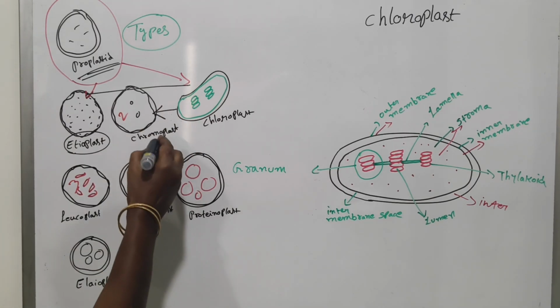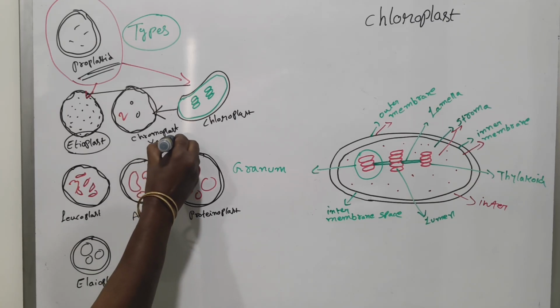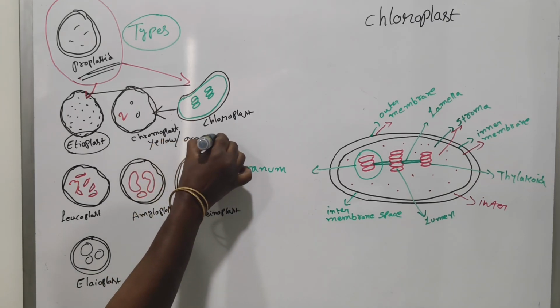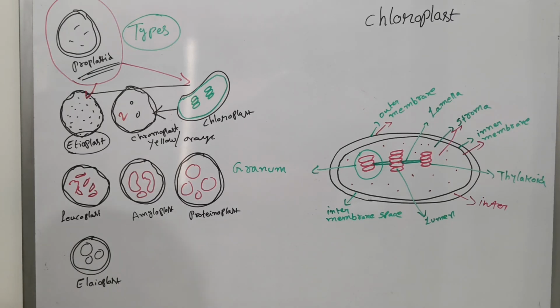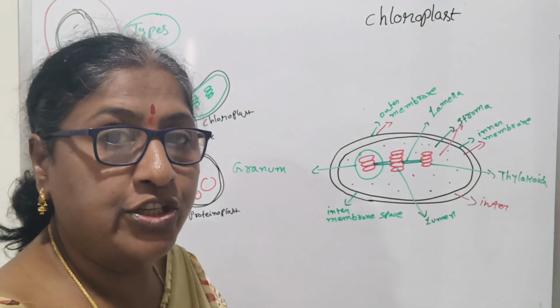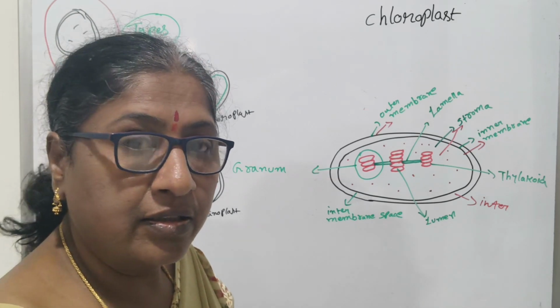This chromoplast is either yellow in color or orange in color. Then there is another plastid, that is leucoplast. This leucoplast is colorless in nature. It doesn't possess any color.